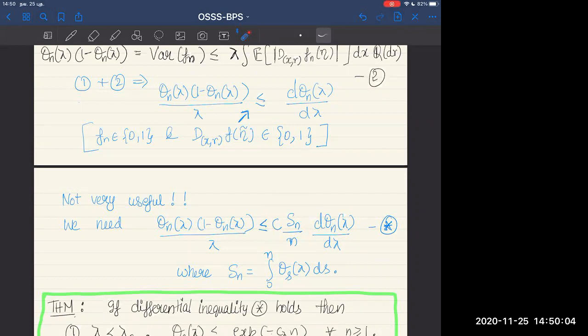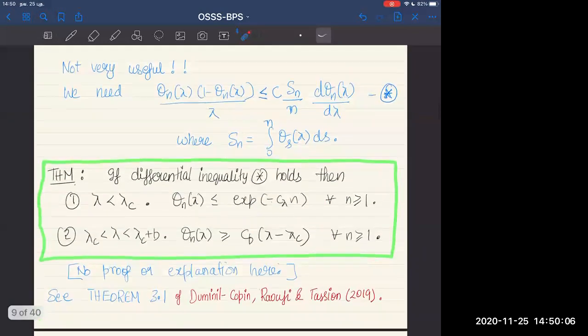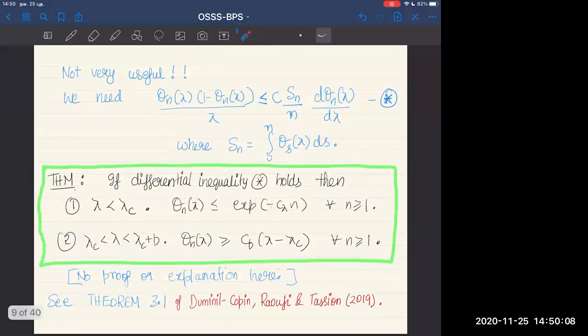Suppose we can do this. Then, very nice. I'm not going to give a proof of this; it's not a hard proof. You can see the paper of Duminil-Copin, Raoufi, and Tassion, which motivates a lot of our work. If you have a differential inequality like in star, you immediately get that for lambda less than lambda c, theta n decays exponentially fast. This is actually the easier part.